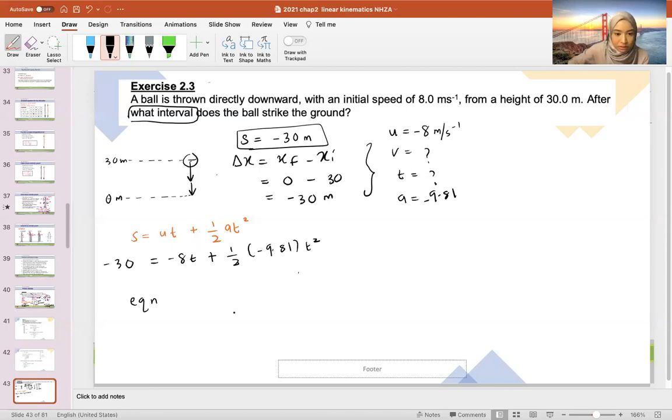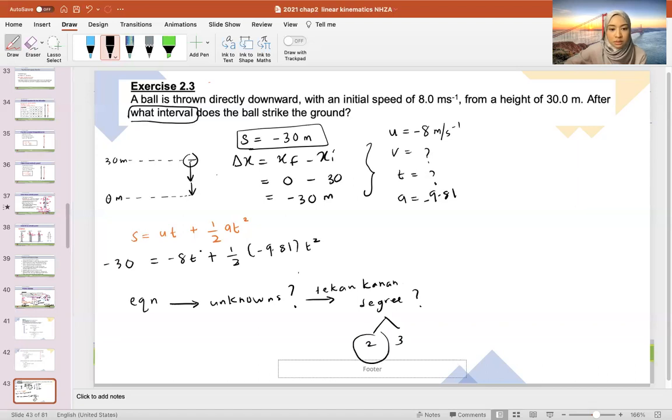So what you do is bila tekan equation akan pergi ke unknowns. Kan, unknowns. Tapi jangan tekan yang ni. Tekan kiri. Tekan kanan. Tekan kanan. So what you get is degree. Okay, kat sini dia kasih option 2 atau 3. Pilih 2 sebab this equation has 2 degrees.